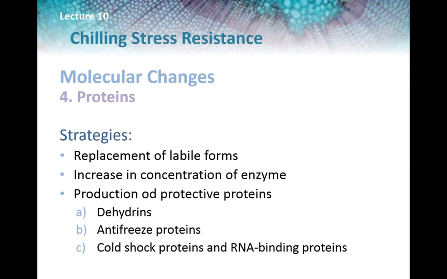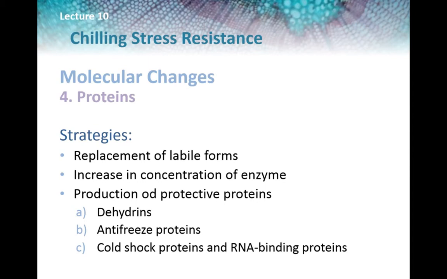There could also be an increase in the relative concentration of the enzyme. Since overall protein synthesis decreases at low temperature even in chilling-resistant plants, the response may involve changes in relative synthesis rates to keep metabolism from getting unbalanced.